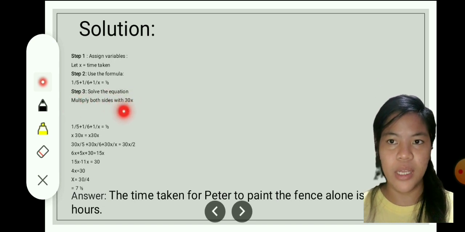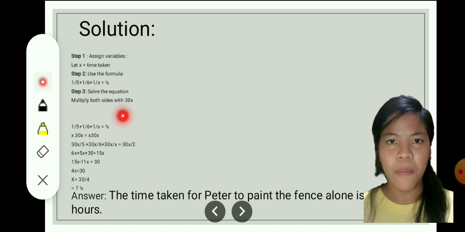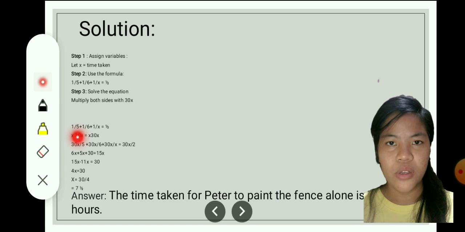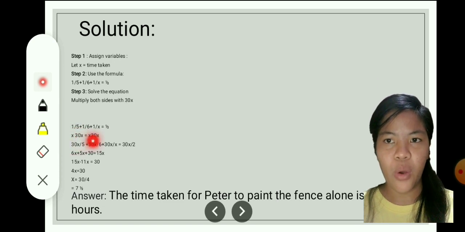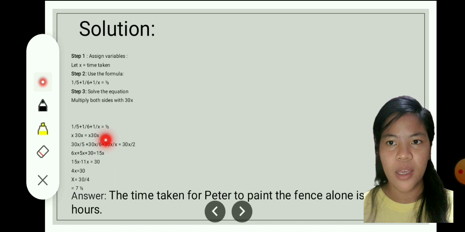Step 3 is to solve the equation. Multiply both sides by 30x. So it results in 1/5 plus 1/6 plus 1 over x is equal to 1/2.